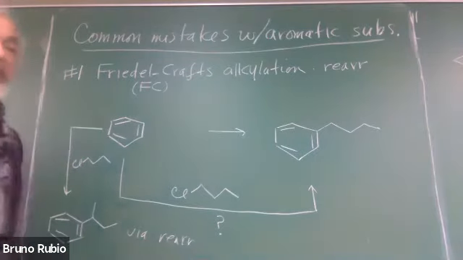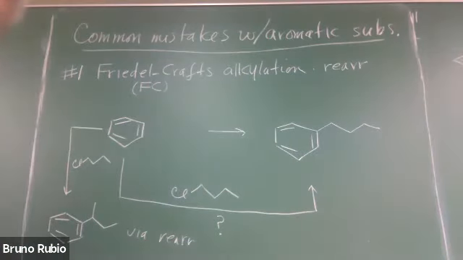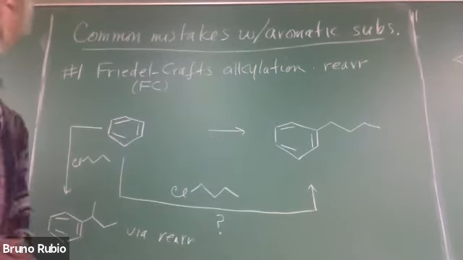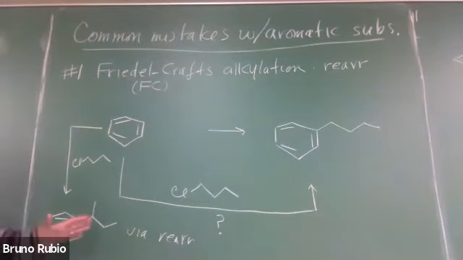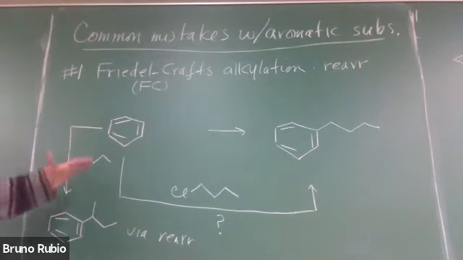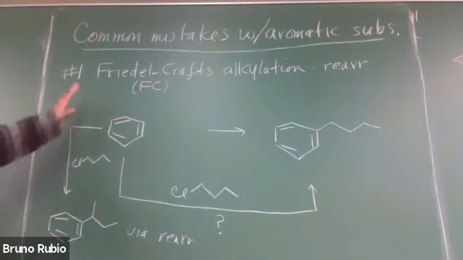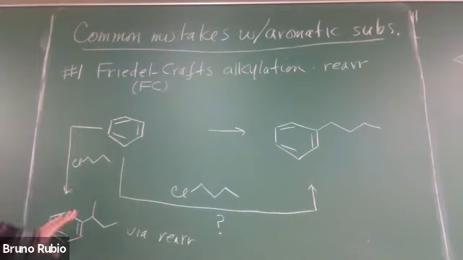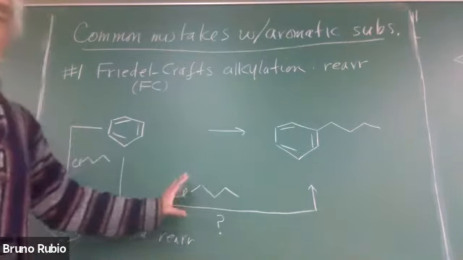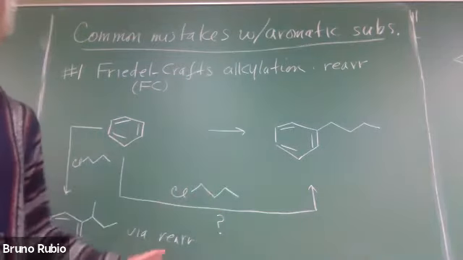So that's something that we have to be wary of when we're using this Friedel-Crafts alkylation, is that it's a reaction mechanism that involves carbocation intermediates, and so the carbocations can rearrange. Okay, so that's a common mistake. Let me show you how to fix it.